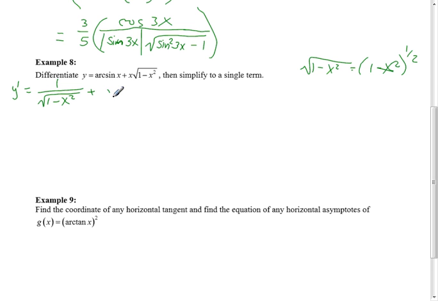Alright, so we have the first function times the derivative of the second function. 1 minus x squared to the negative 1/2 times the derivative of the inside, which is negative 2x. Okay, plus the second times the derivative of the first.